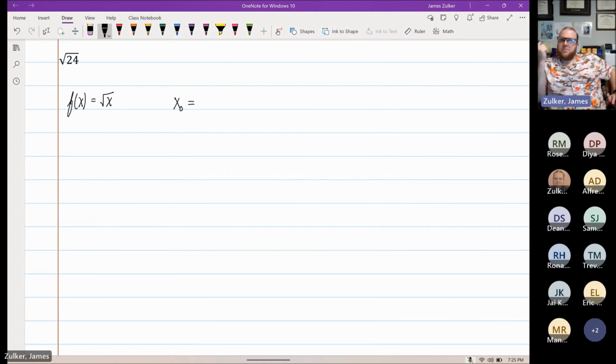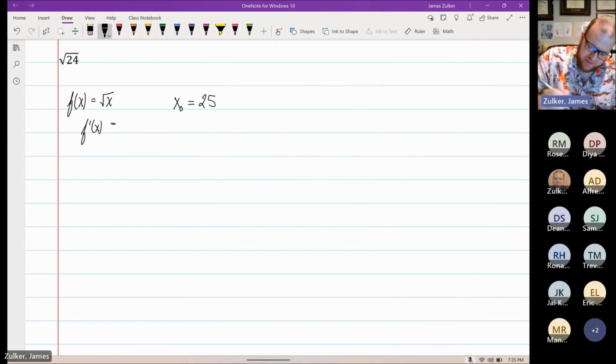The 25, right? F prime would be 1 over 2 root x.